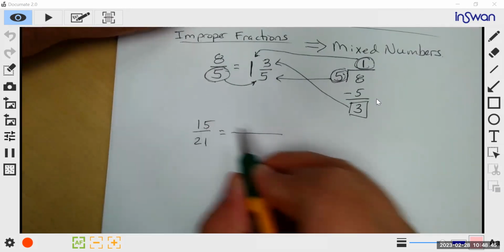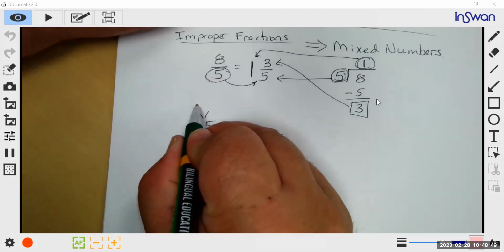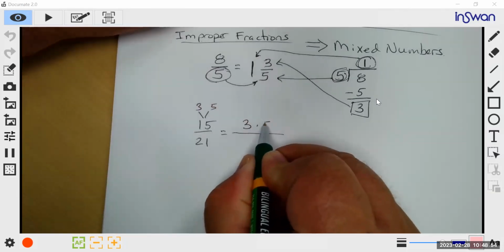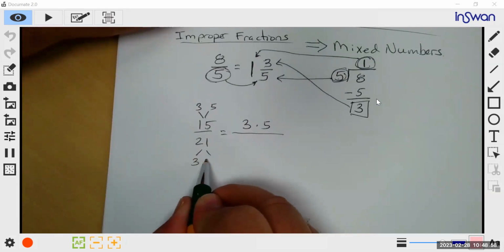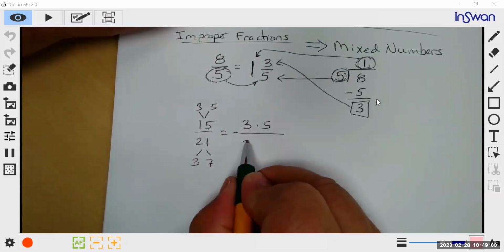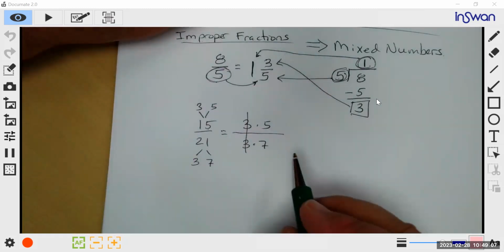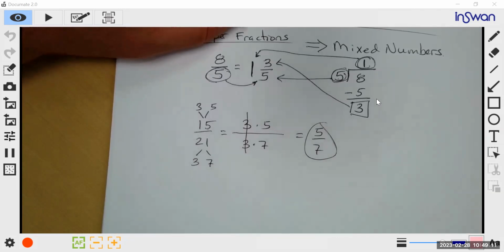What is 15 made up of? 3 times 5. What is 21 made up of? 3 times 7. Can anything cancel? The 3's can cancel. What we're left with is our final answer.